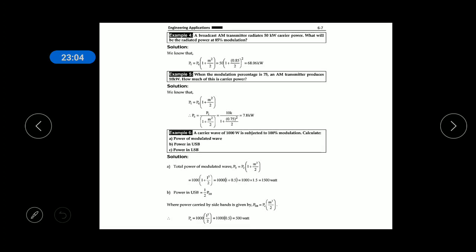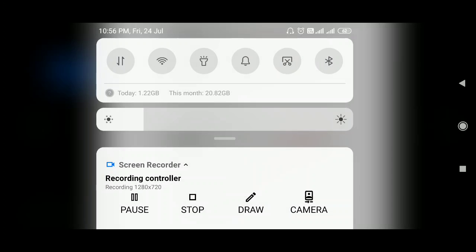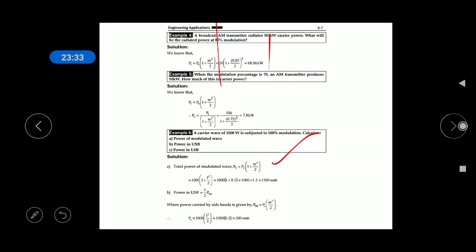Total power formula PT is equal to PC into 1 plus M square by 2, where M equals 100%. 1 plus 1 square by 2, that is 1 plus 0.5. 1000 into 1.5, that is 1500 watts. When carrier power is 1000 watts, the total power will be 1500 watts.